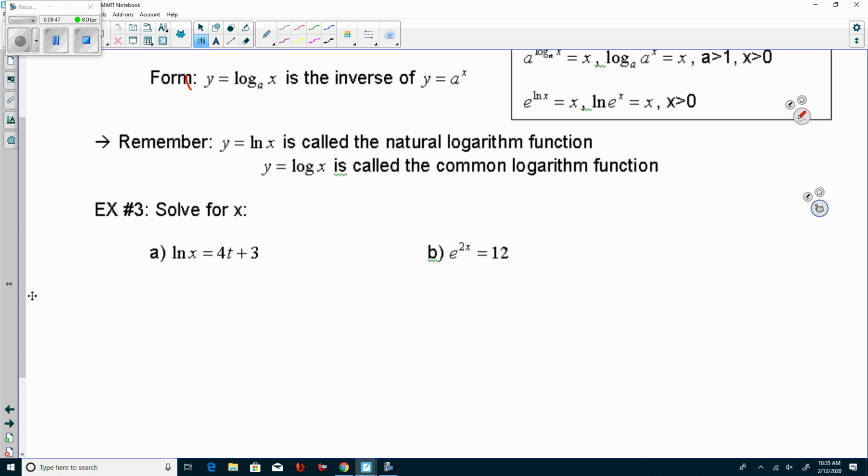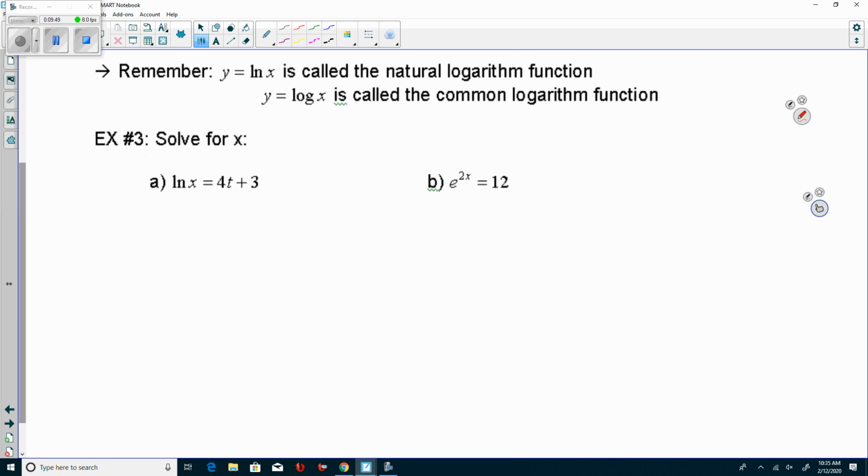Solve for x. Now, you want to go as far as you can. With this one here, if they say solve, we want to get x by itself. We have to get rid of that ln. How do I get rid of that ln? It's way back here. Remember this, where a to the x equals b? These are equivalent, not inverses. They're the same thing.